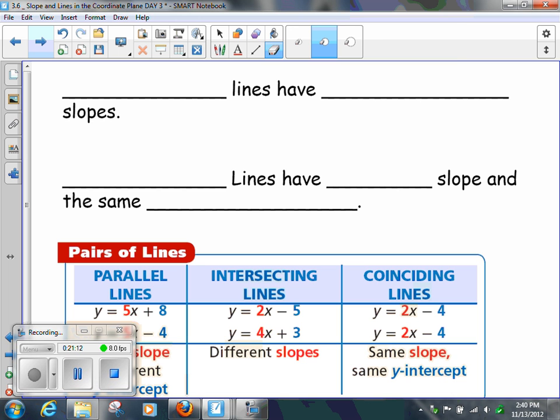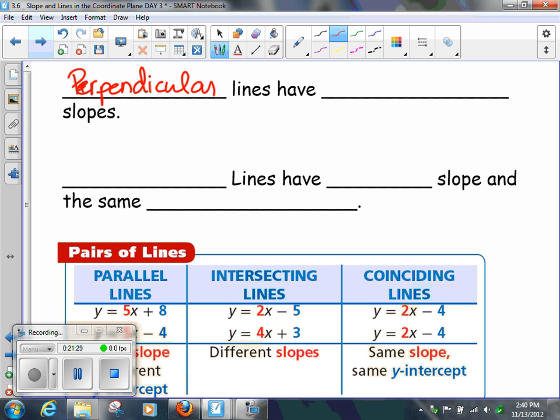Oh, God. We have to erase something. Isn't it horrible? I mean, because you have to take so many notes. Perpendicular lines have opposite reciprocal slopes. Parallel lines have the same slope. Oh, I'm going to scream. Coinciding.